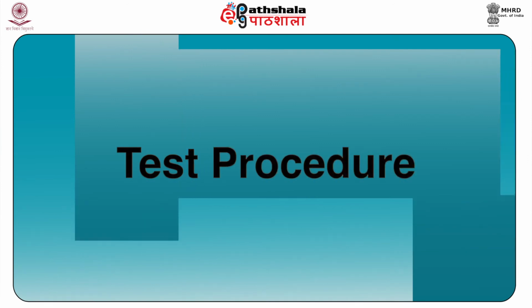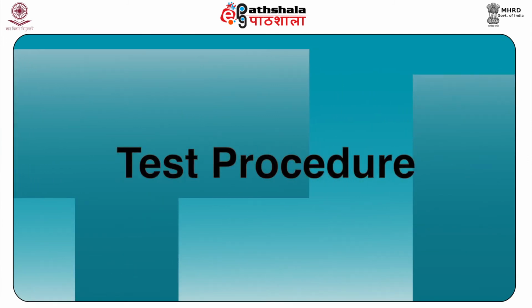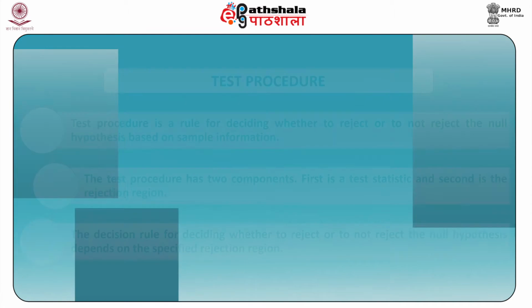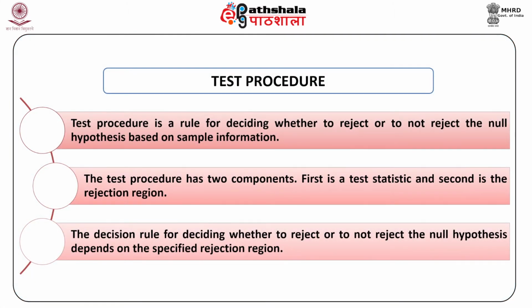Let us now look at the test procedure in this section 3.2. Test procedure is the rule for deciding whether to reject or not reject the null hypothesis based on sample information. The test procedure has two components. The first is a test statistic derived from the appropriate sample statistic, which is a function of the sample observations.